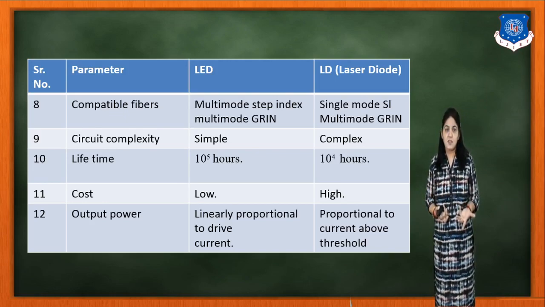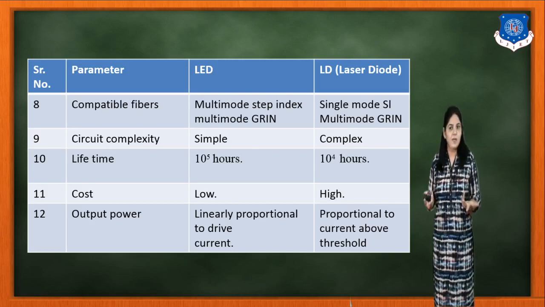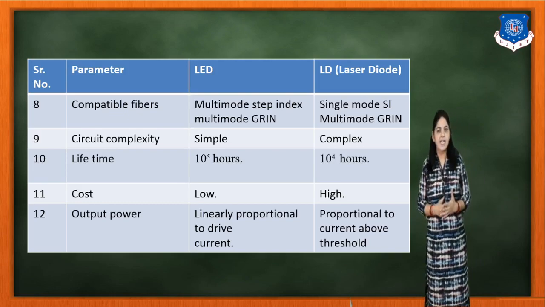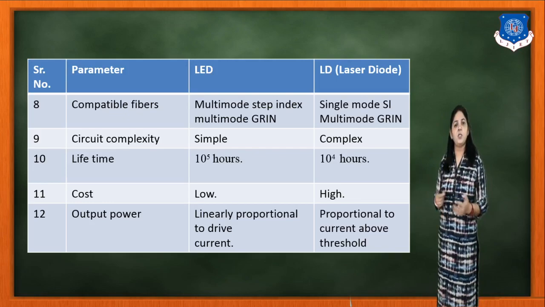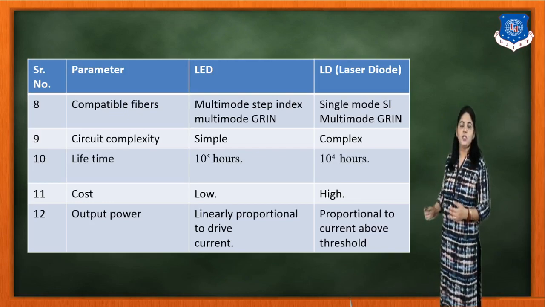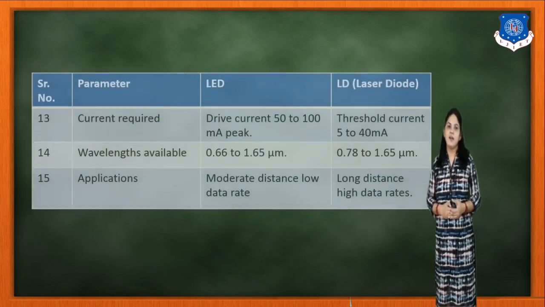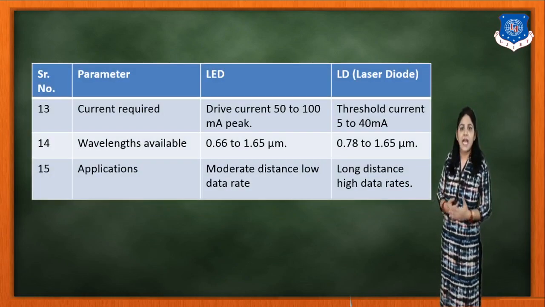About the cost, using the LED the cost is low, and for the laser diode the cost is high. Output power is linearly proportional to the drive current in the case of the LED, and proportional to the current above the threshold in the case of the laser diode. How much current is required to drive the LED as well as the laser?